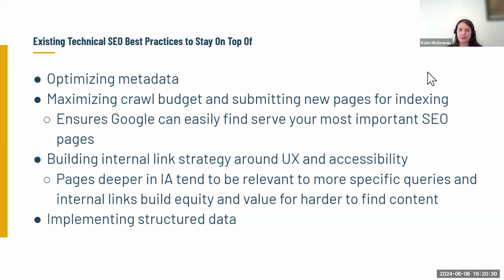This includes optimizing metadata with keywords and adhering to length guidelines, and it also involves maximizing your crawl budget. This ensures that Google can easily find and serve your most important pages for SEO, while also ensuring that it's not crawling and displaying pages that are not important for SEO.